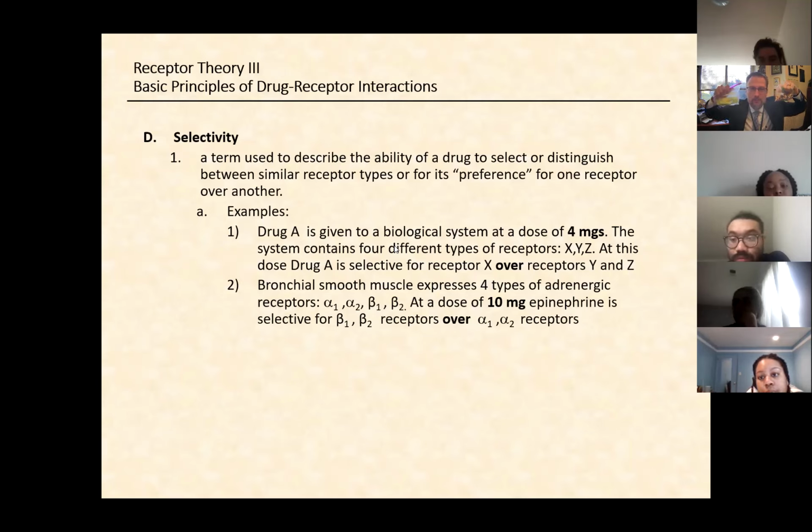No, I'm gonna eat both of them. Even though I have a preference for the raisins and peanuts, I'm going to eat the celery too because I'm really hungry. Drugs that are at very high doses will bind to both of these receptors. Just like when I'm super hungry, I'm not going to be particular. I'm going to eat both of these.